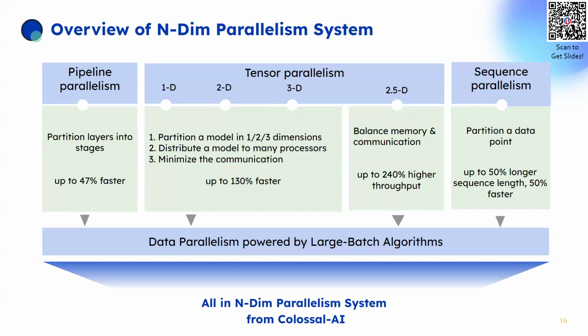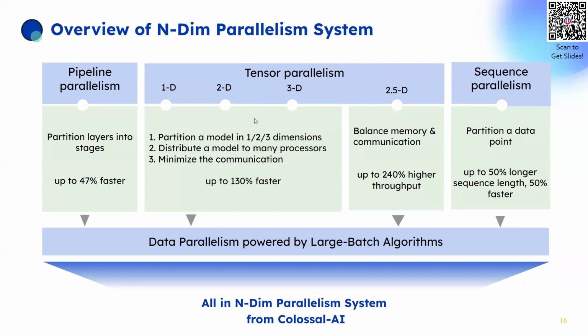You see, the number of parameters is 10,000 times larger, but the number of layers is only two times, which means the layers are becoming wider. That means each layer is more computationally expensive. That's why we believe we should partition the computation within each layer.